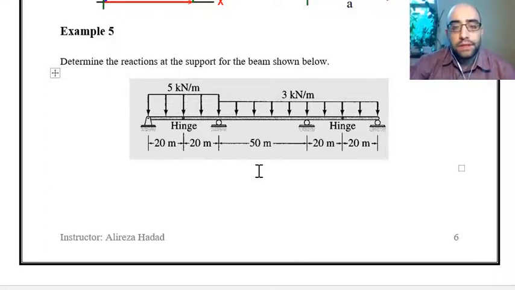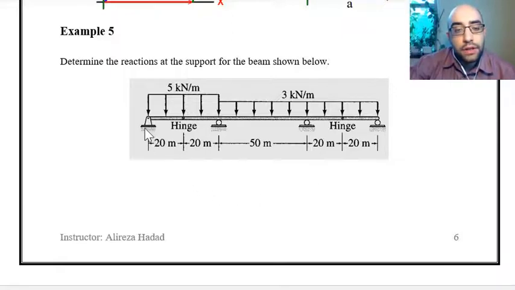Very similar to what we did in our previous problems. The first thing that we need to do is to draw the FBD, or free body diagram. In this specific case, I have to put the forces that we have instead of the reactions.